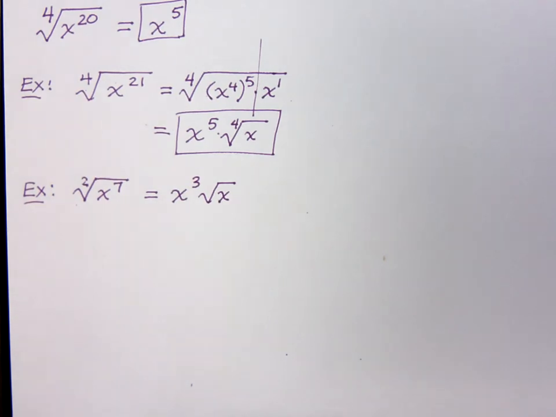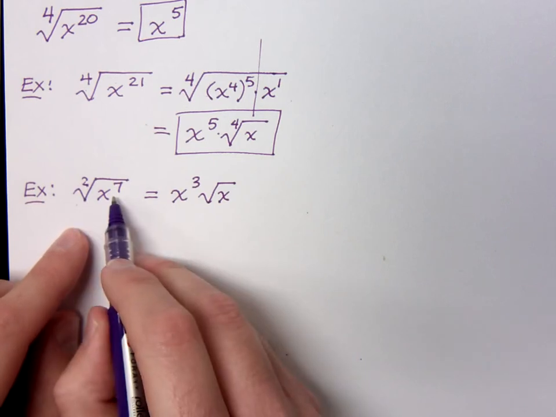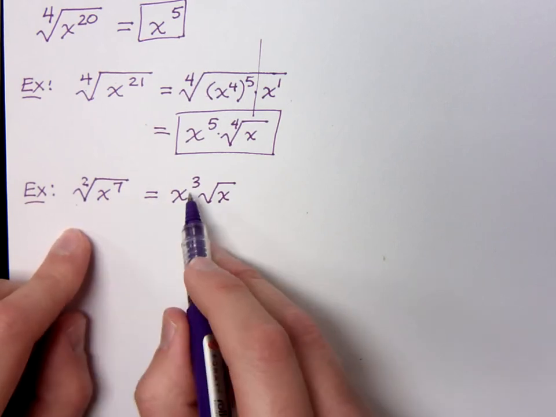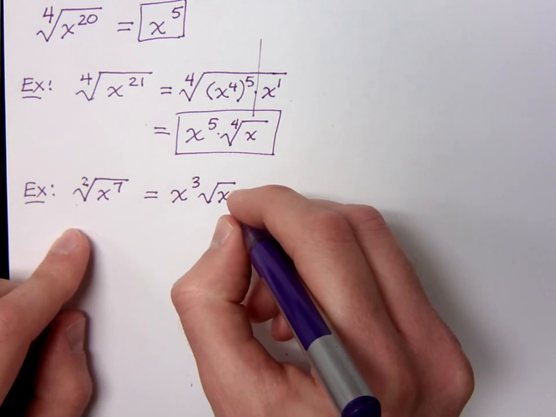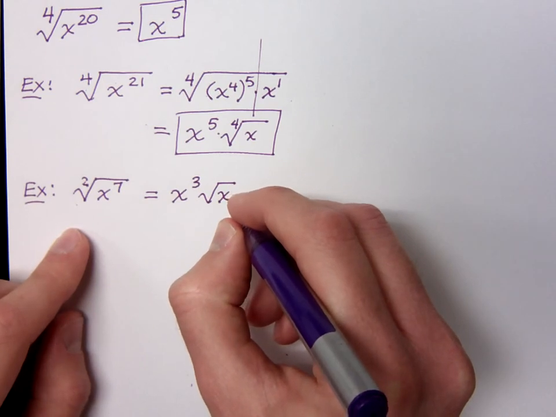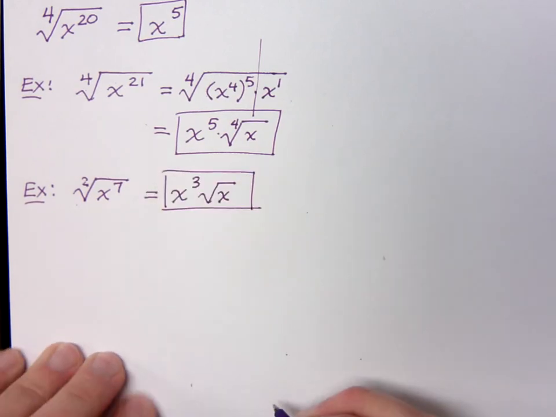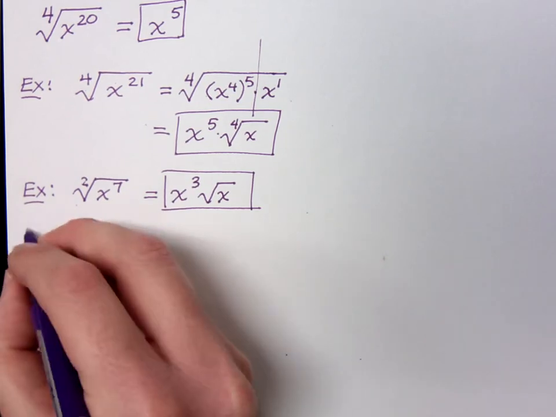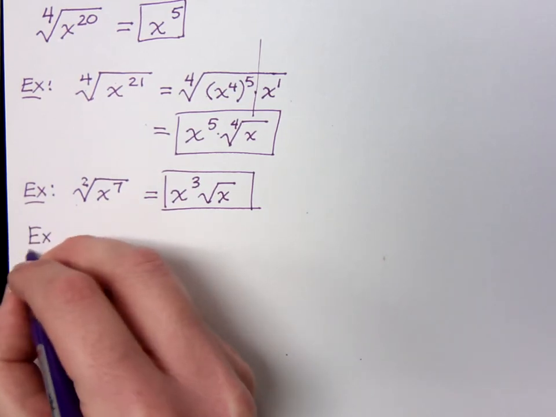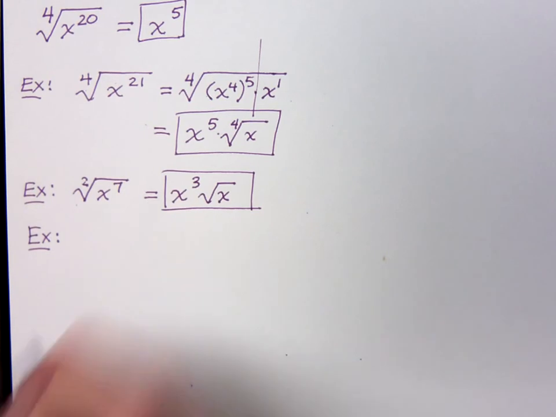And think about what you're doing here. You're doing division of 2 going into 7. How many whole times? 3 with a remainder of 1. That's what we're doing here. Is that okay? On the other one, the 4 and the 4 cancel out the exponent.